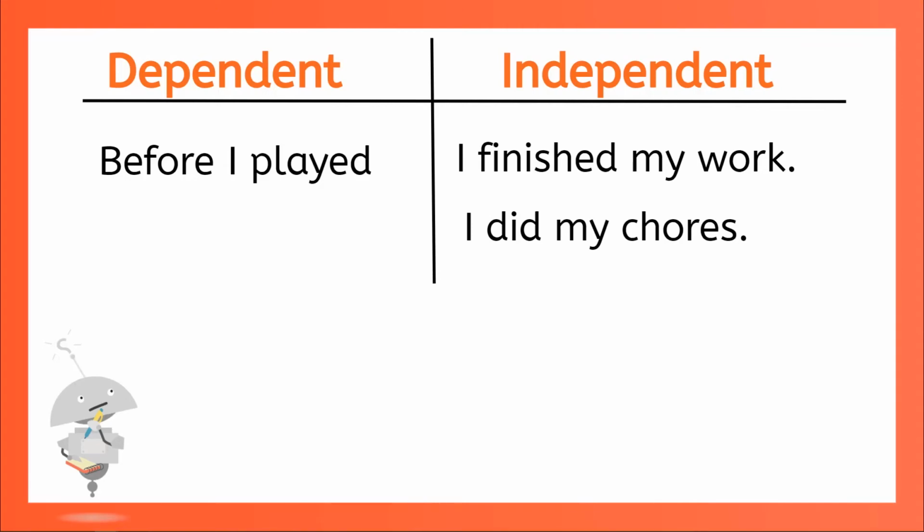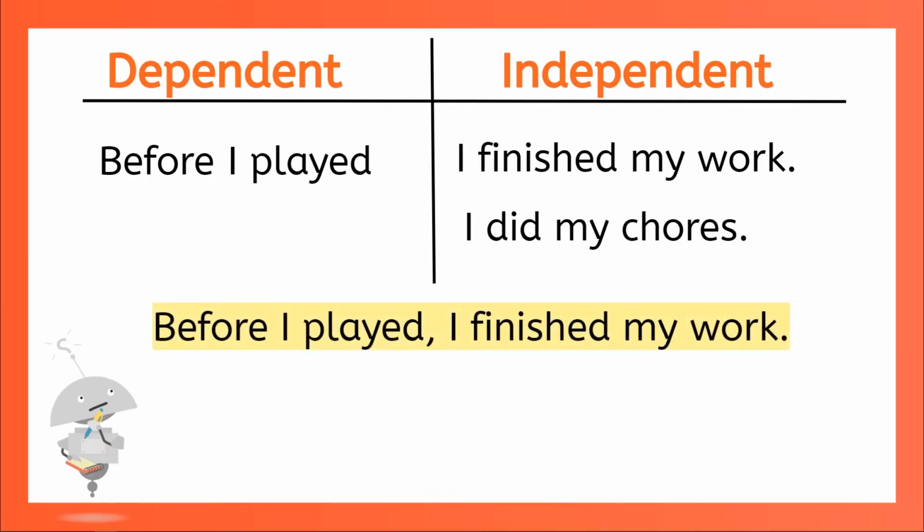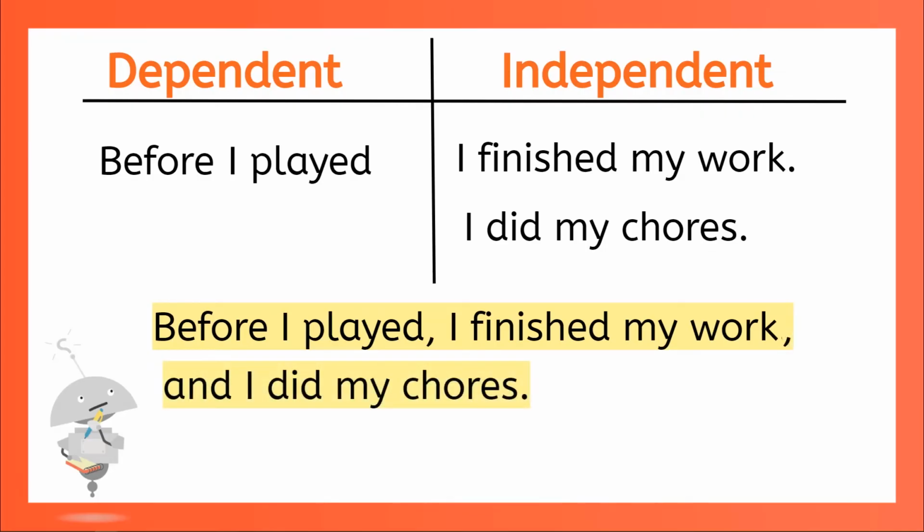If we put the dependent clause with just one independent clause, like before I played, I finished my work, we would have a complex sentence. But if we join the two independent clauses with the dependent clause, before I played, I finished my work and I did my chores, we have a compound complex sentence.